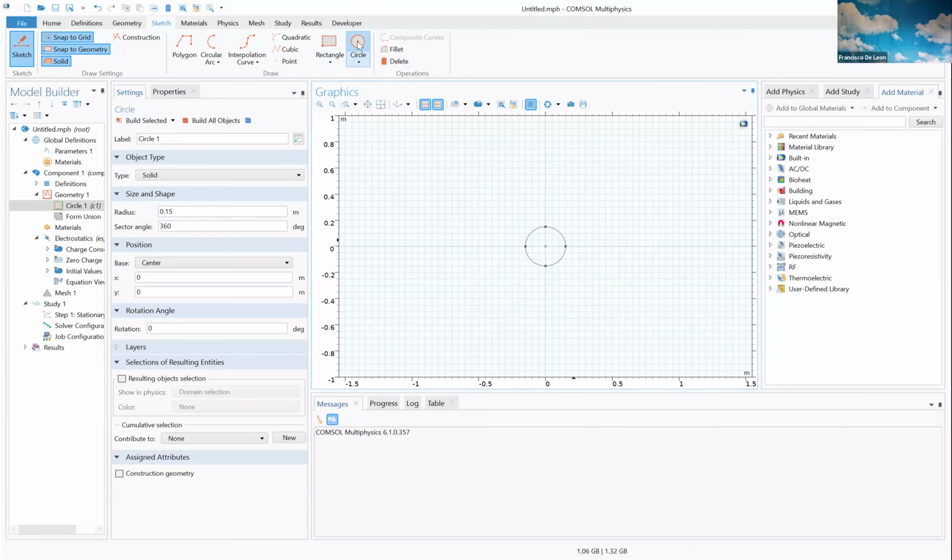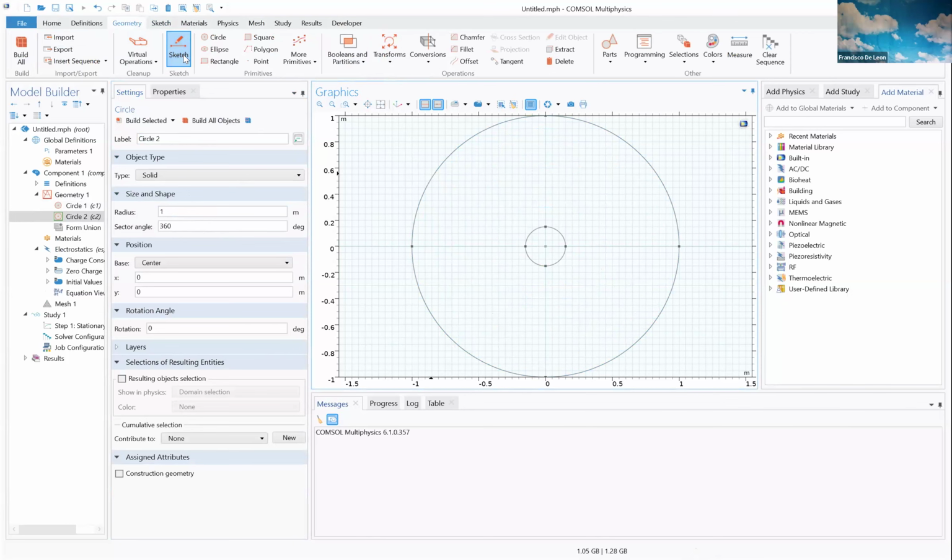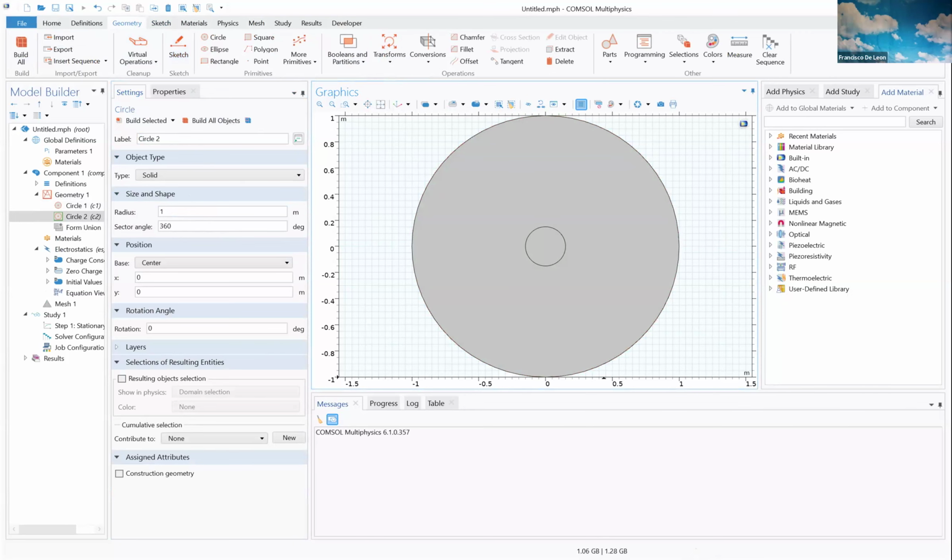After that, we need to create another circle, a bigger one. After that, just click the geometry and then hit the sketch, and this geometry is ready now. So this is a very easy way to create the geometry, and here I have not taken care of the numbers and dimensions.